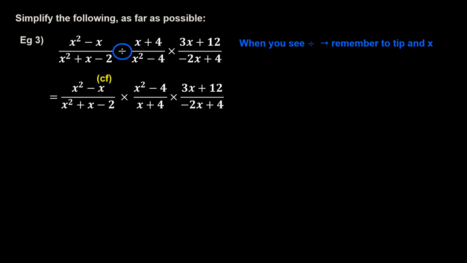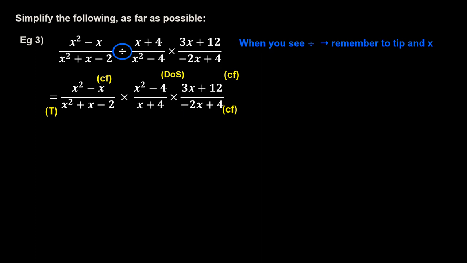In the first fraction, I see a common factor of x on top. In the denominator, there's a trinomial that we will factorize. In the numerator of the second fraction, we've got difference of squares. The denominator of that fraction, we don't need to do anything. Then we've got a common factor of 3 in the final fraction and a common factor of minus 2 in that denominator.